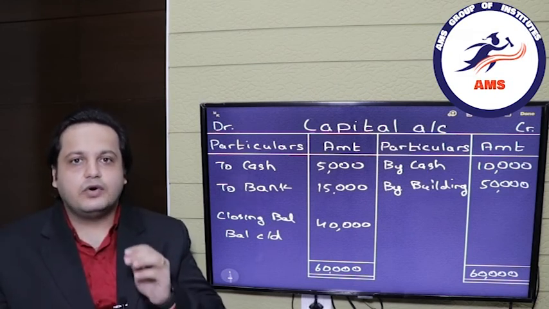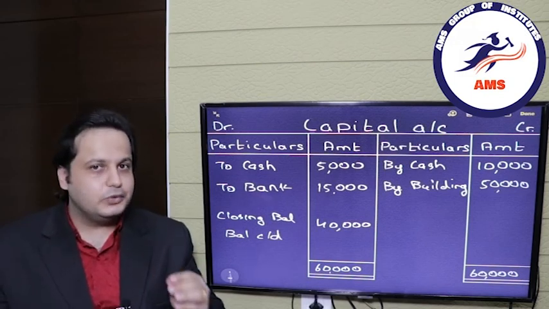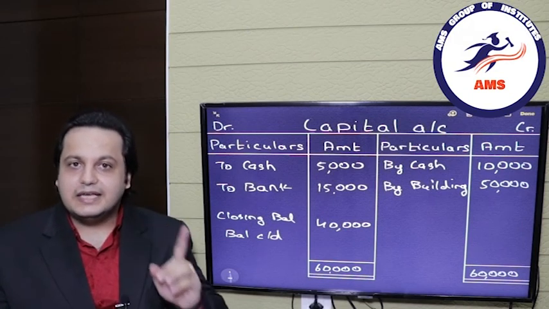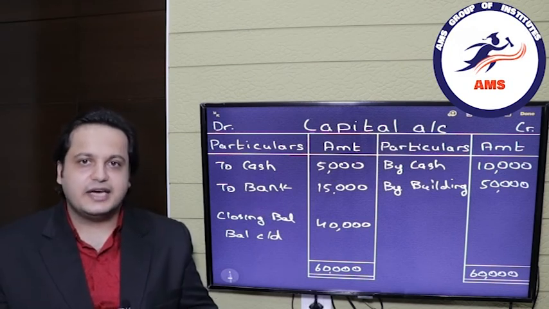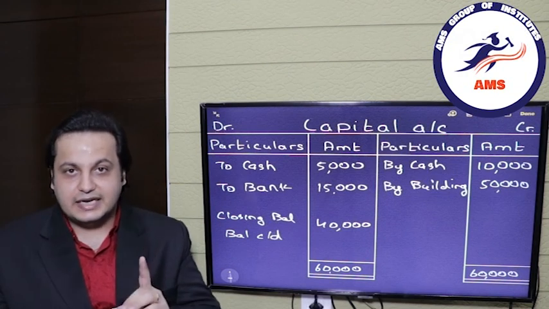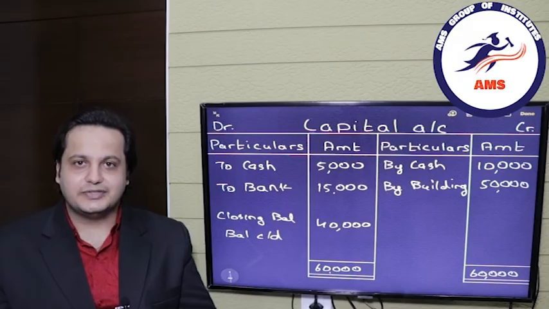So we have a 40,000 credit balance. So just to make sure that both these totals are similar, we will put this total on the debit side. That is, the closing balance is being written on the debit side, but it is a closing balance of credit. So this is how you will account for ledgers.